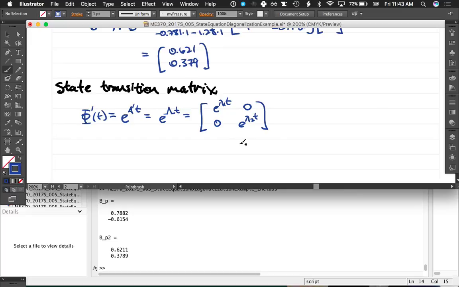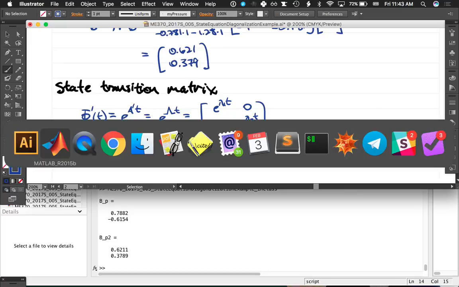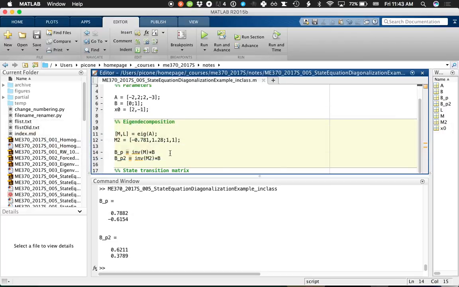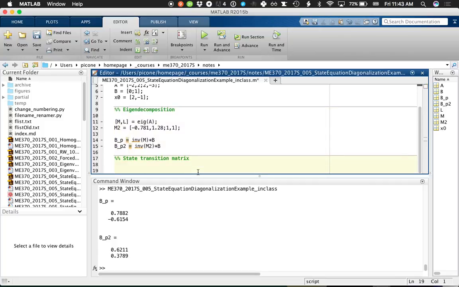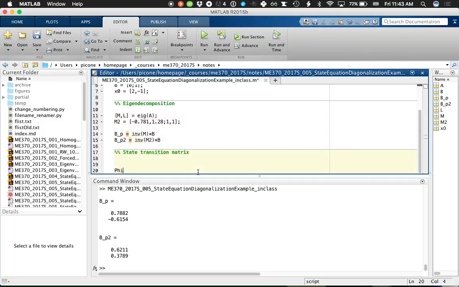We don't even have to really, let's define it in Matlab. So state transition matrix, we'll do our analytic ones first. So we'll just do phi 2. Phi 2 equals, it's a function of time, and it is exponential of, so e to the lambda 1 t.